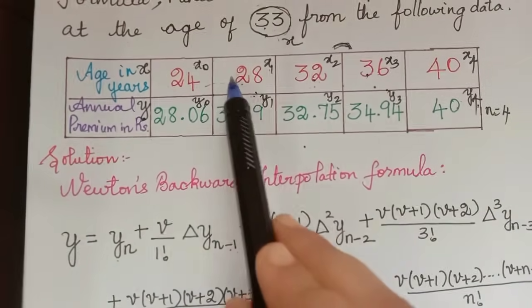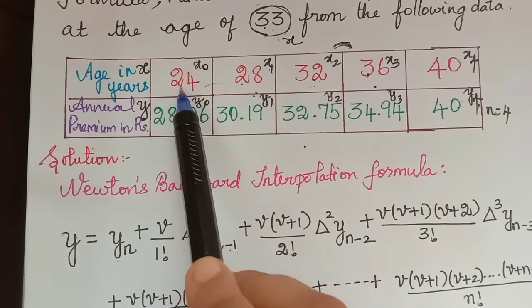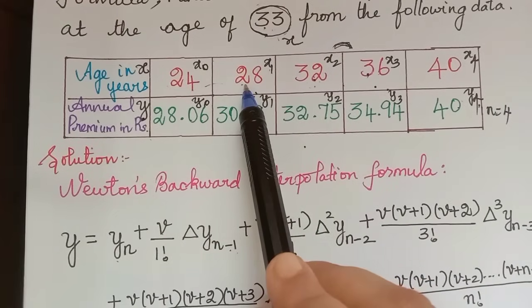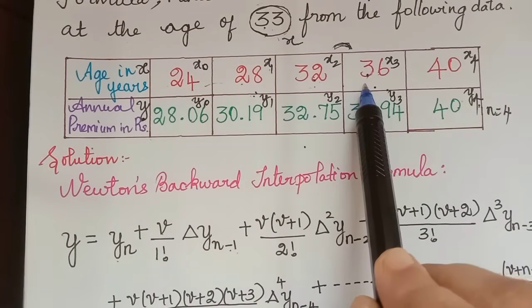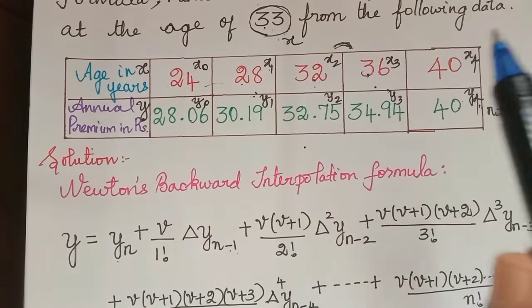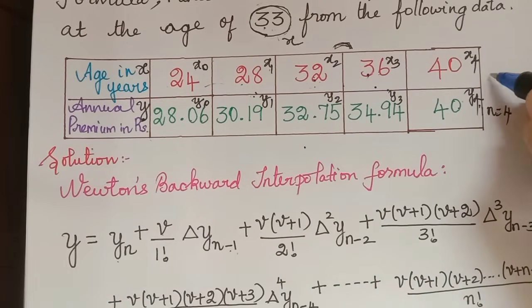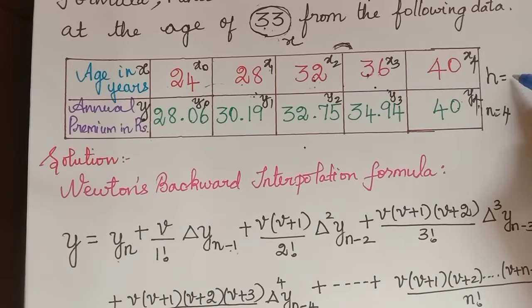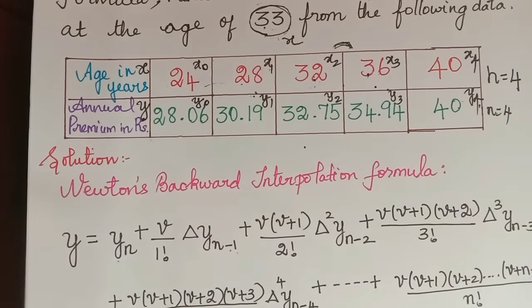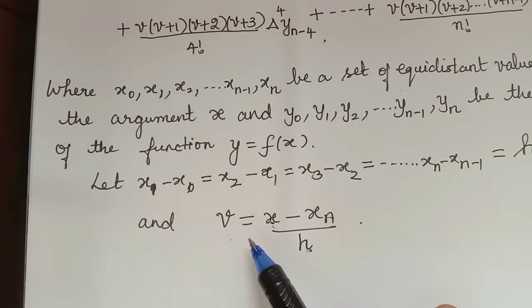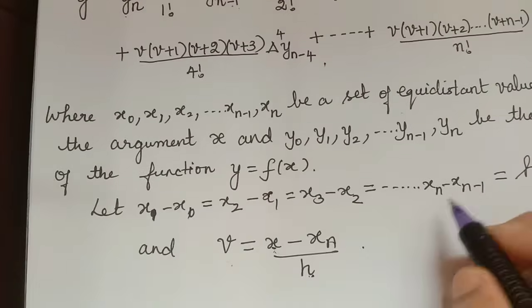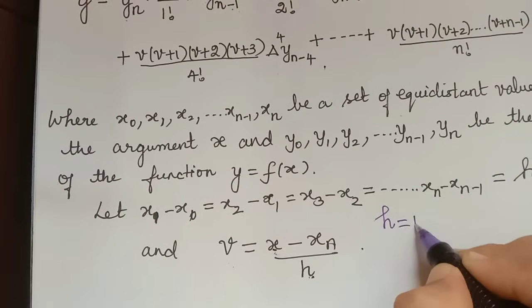First we saw the difference 28 minus 24, which is 4, 32 minus 28 is 4, 36 minus 32 is 4, and 40 minus 36 is 4. That value 4 gives us the value of h, which is equal to 4. Using that h we have to find the value of v. For this given problem, the value of h is equal to 4.